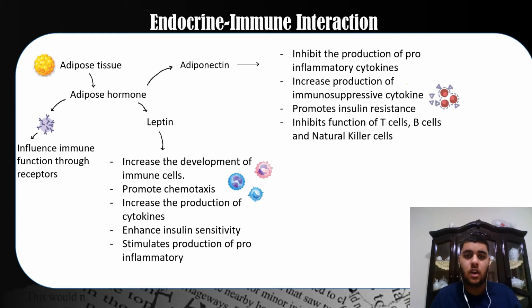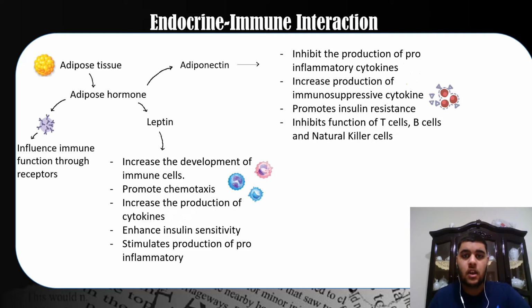In addition, adiponectin was shown to directly inhibit the responsiveness and functionality of T, B, and natural killer cells. Reduced adiponectin levels in circulation are associated with the development of obesity, insulin resistance, and type 2 diabetes.